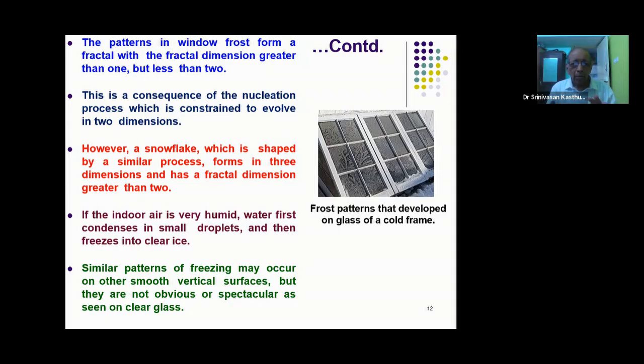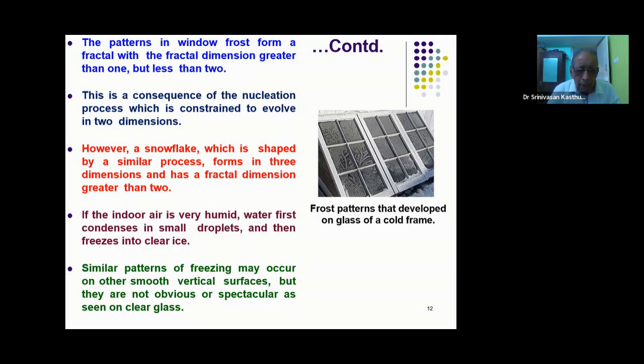Right now I am not aware of so much about this, so if I get more information, I will inform you again. This is a consequence of a nucleation process which is constrained to evolve in 2 dimensions. However, a snowflake, which is shaped by a similar process, forms in 3 dimensions, but has a fractal dimension greater than 2. So a snowflake is different from window frost.